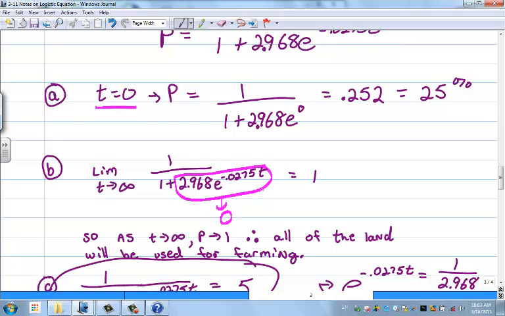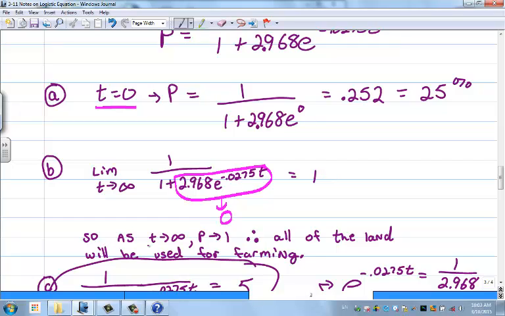Now, as t approaches infinity, this function, right, you're going to have e to the negative 0.0275 t. Well, t is getting huge, so it's e to a huge negative exponent, which approaches 0. So the limit as t approaches infinity of this function is 1.